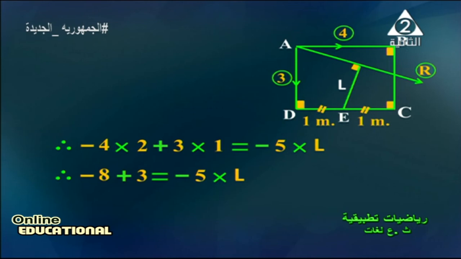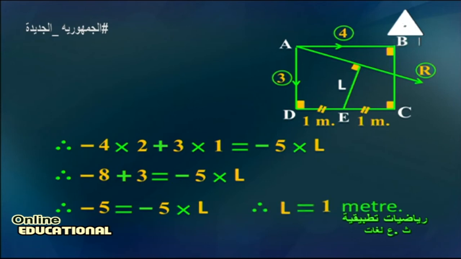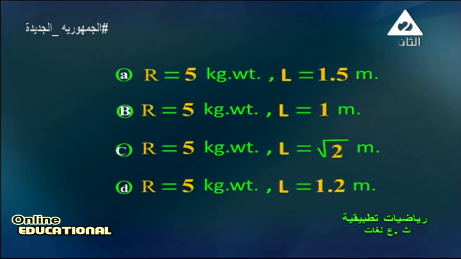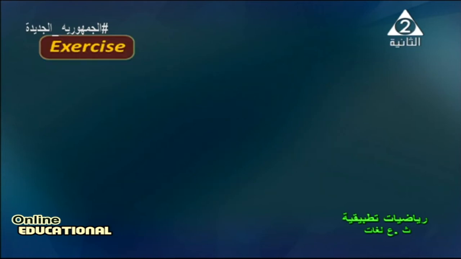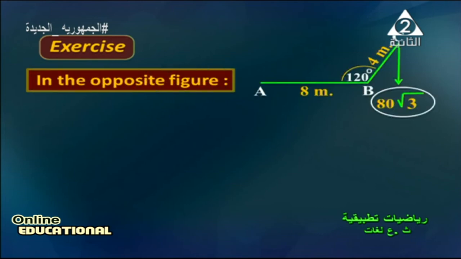Then negative 8 plus 3 equals negative 5L. Negative 5 equals negative 5 multiplied by L. Divide both sides by negative 5. Then L equals 1 meter. Then the length of the perpendicular equals 1 meter and the resultant equals 5 kilogram weight. And we can choose letter B from the choices.